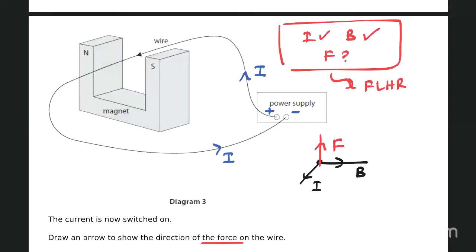So we got the direction of the force: upwards like this. There will be a force acting upwards. Easy, right? These things cannot be determined just by going through the theory parts. You need to place your fingers like this and judge the direction.